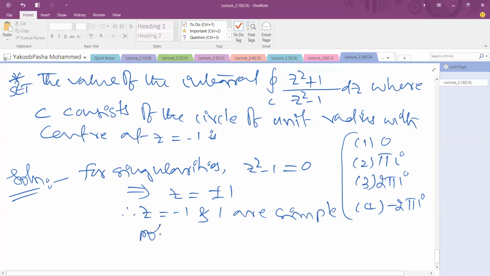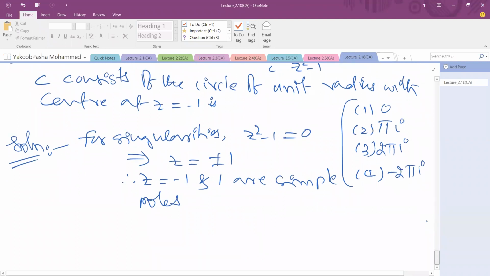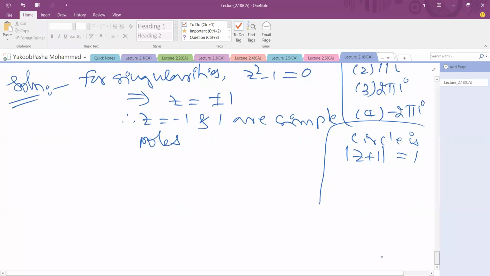So we have to take the circle. C consists of the circle of unit radius with center at z is equal to -1. Unit circle means modulus of z is equal to 1, center at -1. Then modulus of z plus 1 is equal to 1. Circle is this. Okay. So we can see the diagram.